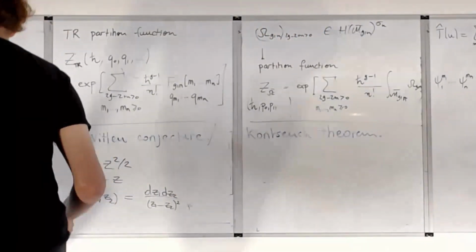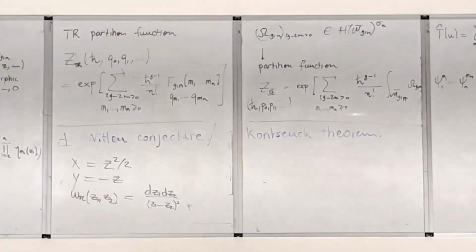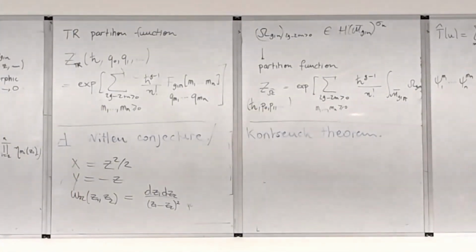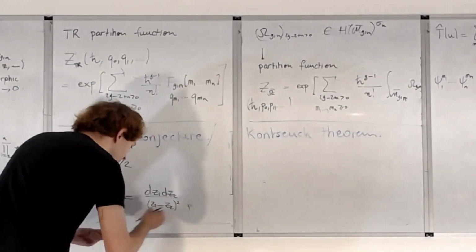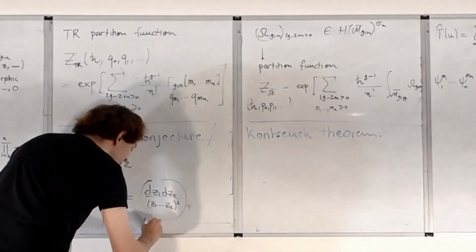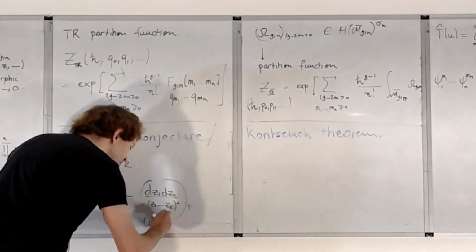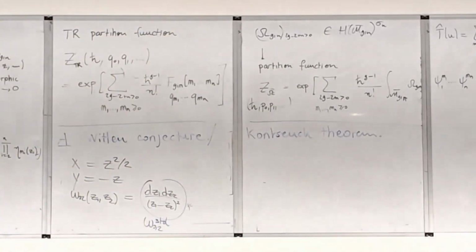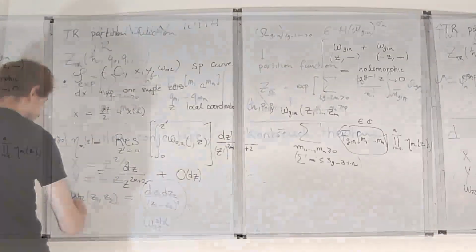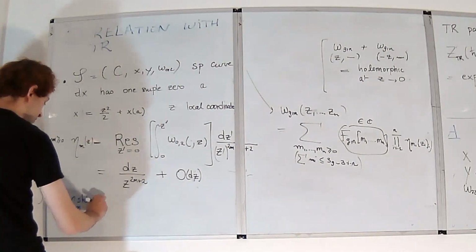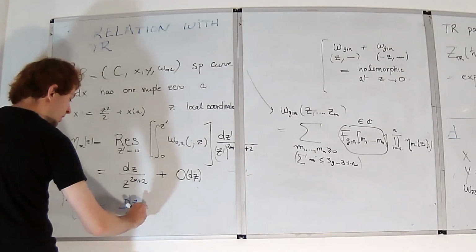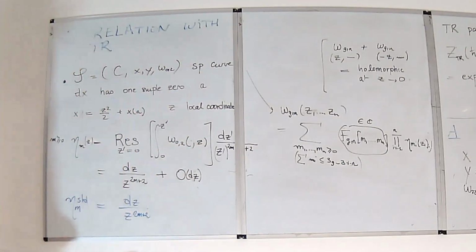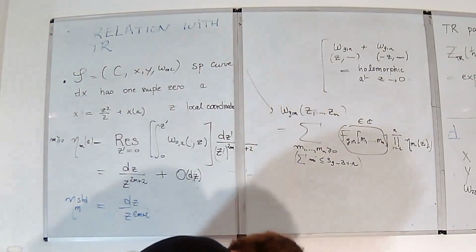Then, in that case, omega 0,2 is just a standard thing, so let me call that omega 0,2 standard. And when you have omega 0,2 standard, here this is just 2m plus 2. So the simplest thing you can imagine.